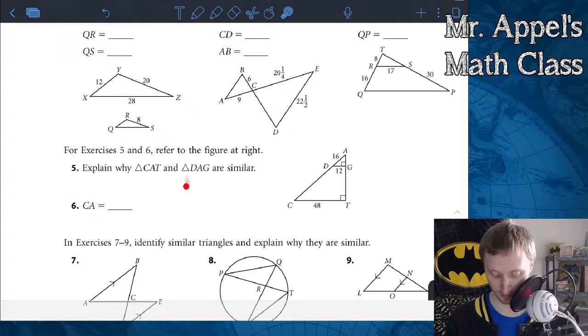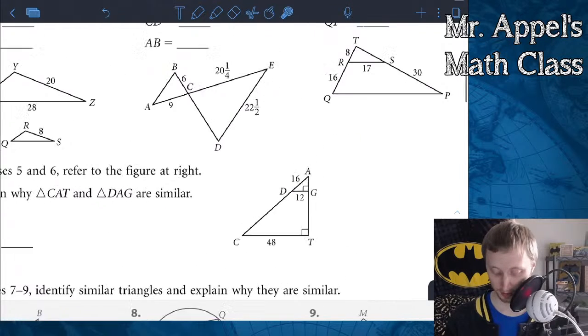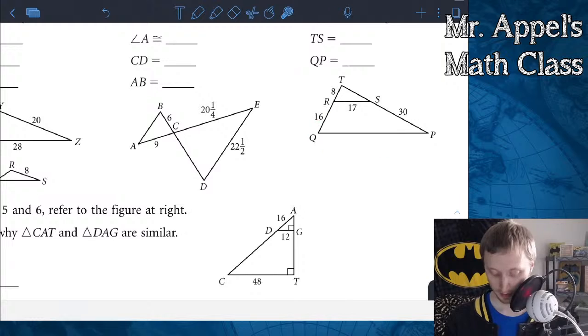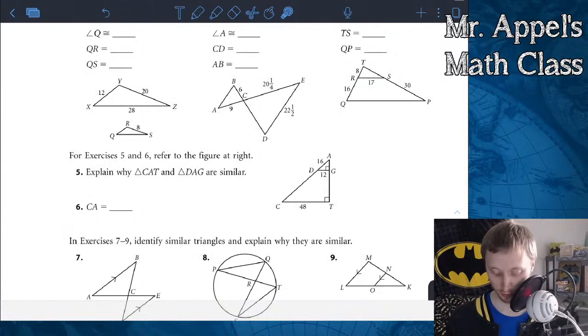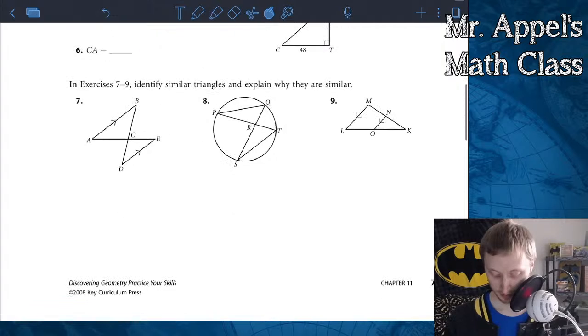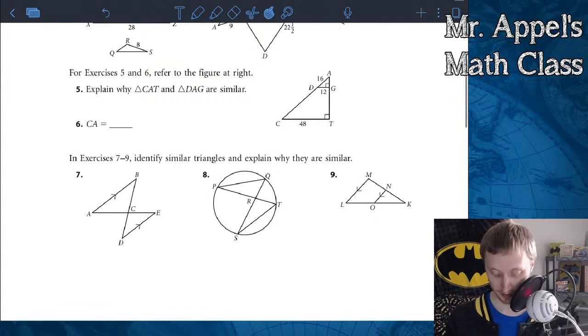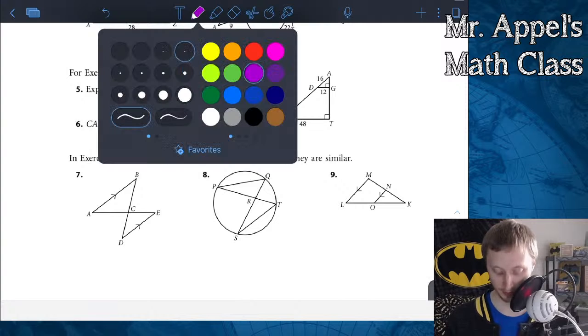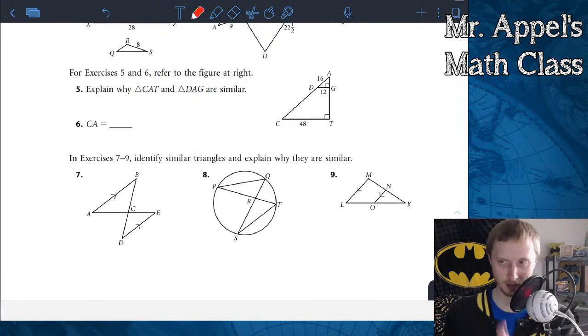You've got 5 and 6 here, right? Deal with the triangles on top of one another. Oh, so does that one there. So similar to the tree setup. All right. And 8 relies on a property of circles that we haven't gotten to yet because we're doing circles next week.